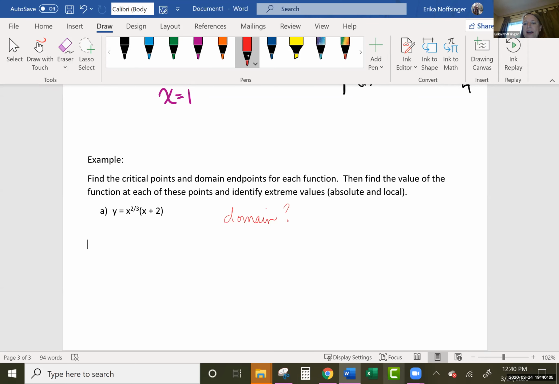If you look at x to the 2/3 power, recall that the denominator is the index of the radical. So this is the cubed root of x squared, and we don't have any problems with a cubed root in the domain. And so the domain is all real numbers, negative infinity to infinity.